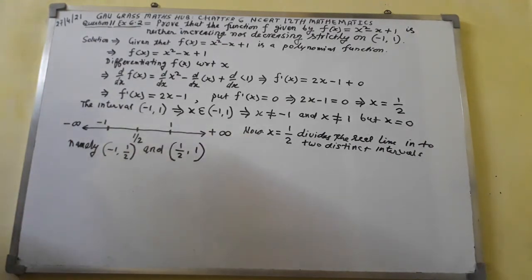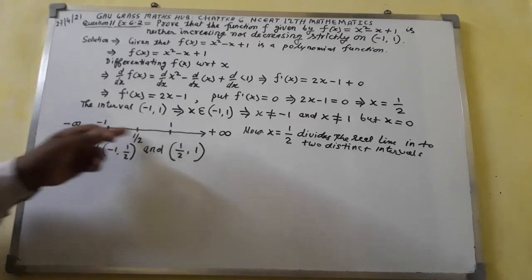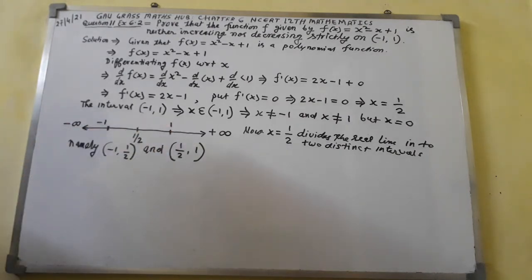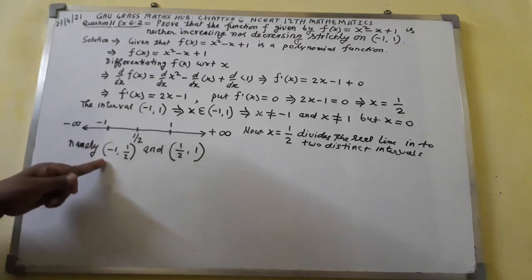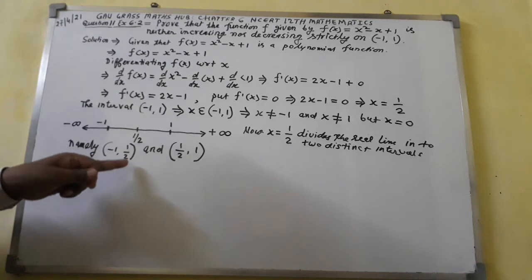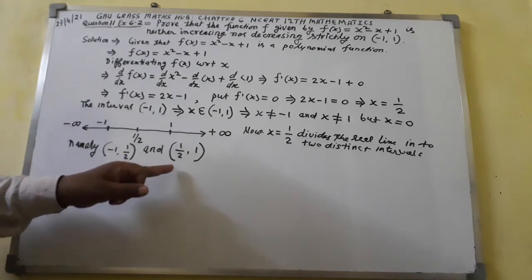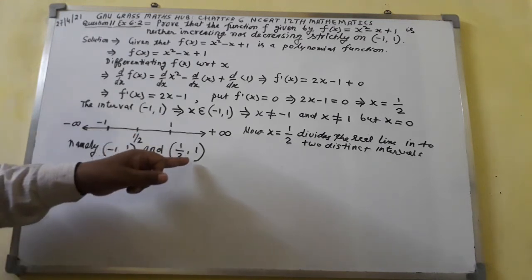Now x = 1/2 divides the real line into two distinct intervals, namely the open interval (−1, 1/2) and the open interval (1/2, 1).